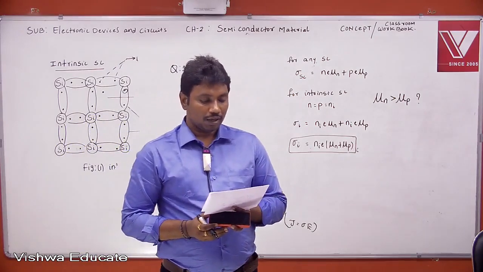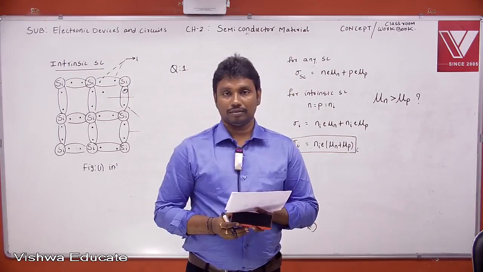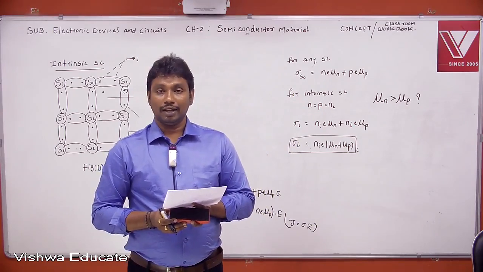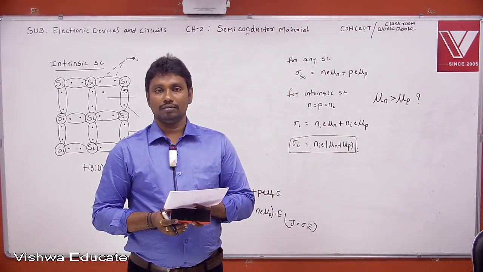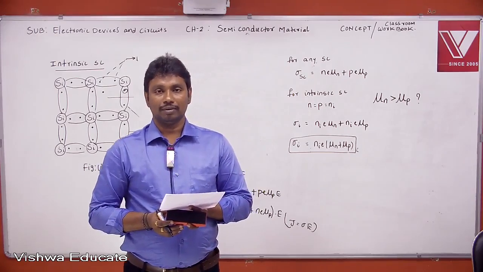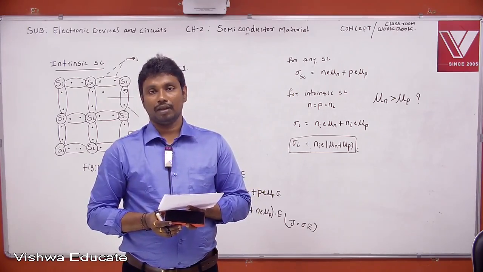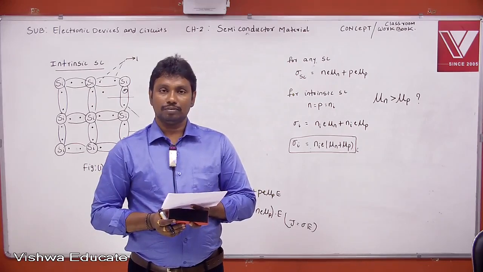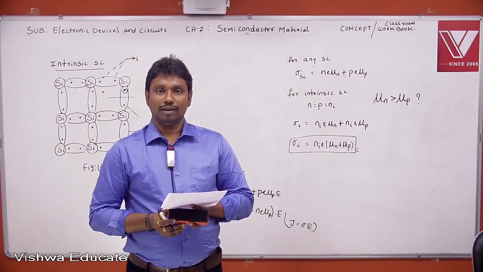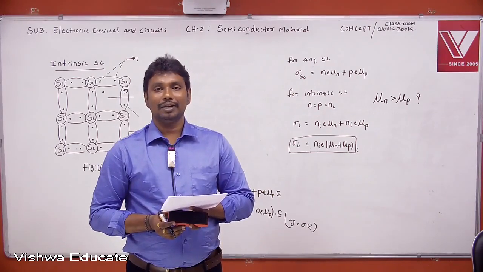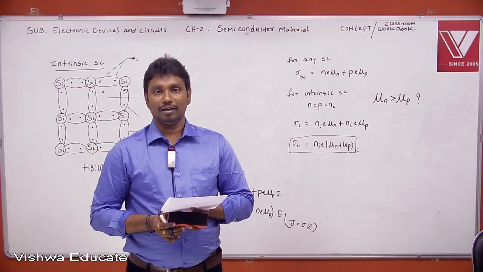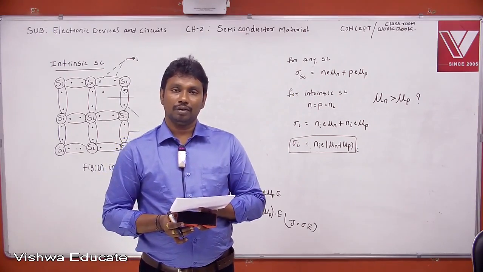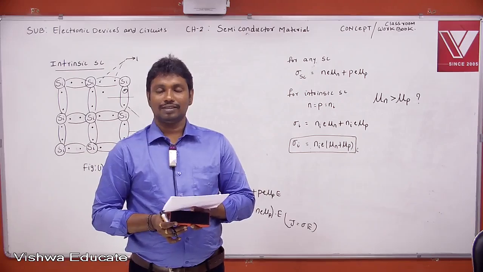A pure silicon sample has Ni equal to 1.5 into 10 power 10 per centimeter cube, mu n equal to 1300 centimeter square per V second, and mu p equal to 500 centimeter square per V second.